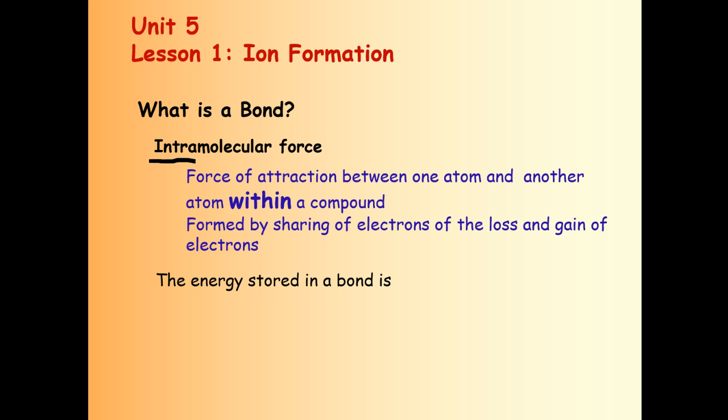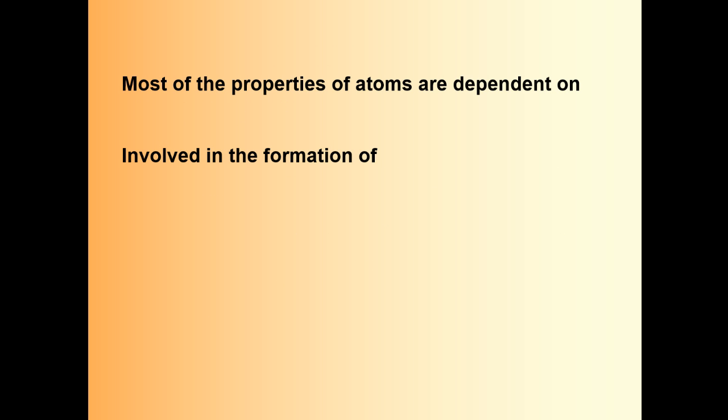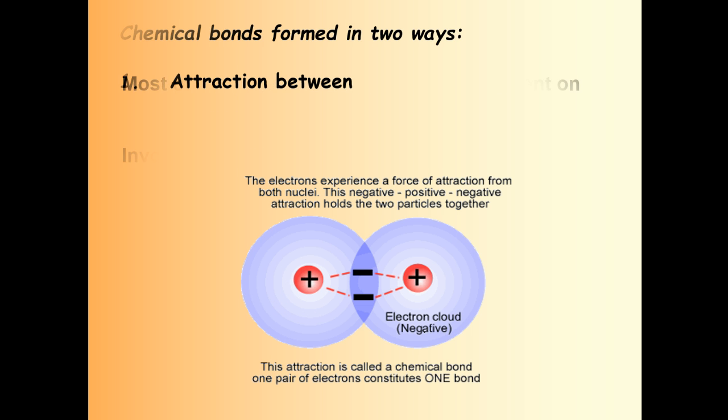The energy stored within the bond is its potential energy that's usually carried about with the valence electrons. Most of the properties of the atoms are dependent on the valence electrons, which we studied in depth in the last unit. Those valence electrons are involved in the formation of the chemical bonds.